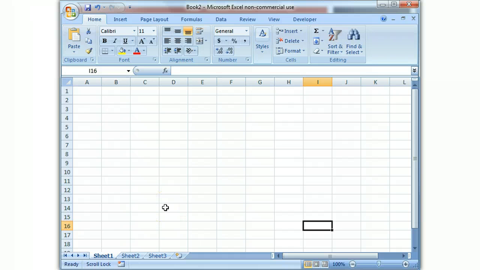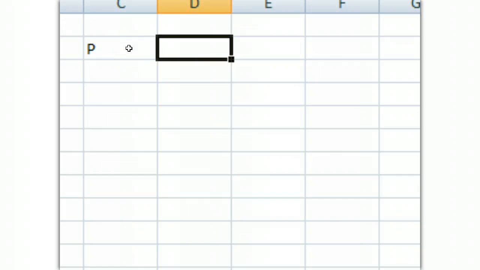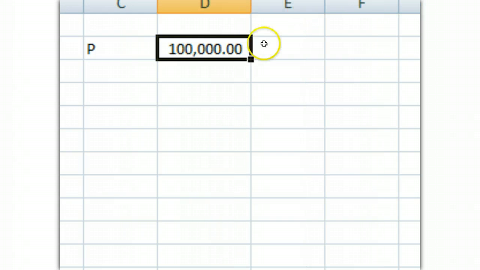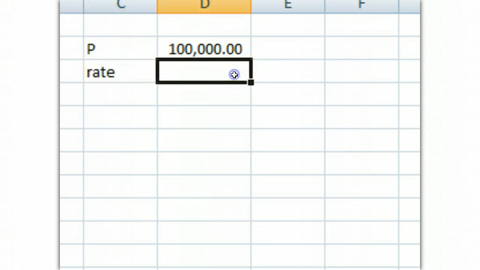So here we have a spreadsheet, and we're going to set up the parameters for the loan. Let's consider a present value, that is the amount of the loan, to be, let's say, 100,000. We're going to format this, and the interest rate is 5%.